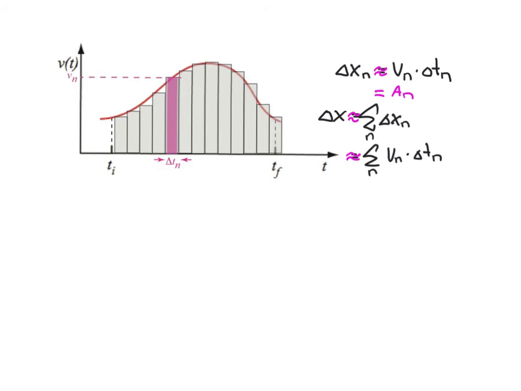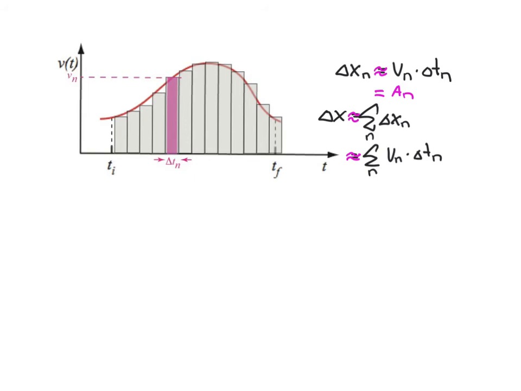But, and here's the key observation, this approximation becomes better and better if we're willing to make the time intervals delta t sub n smaller and smaller, because the smaller these time intervals become, the less time there is for the velocity to vary, and therefore it becomes a better and better approximation to treat the velocity as being constant during those very short time intervals.